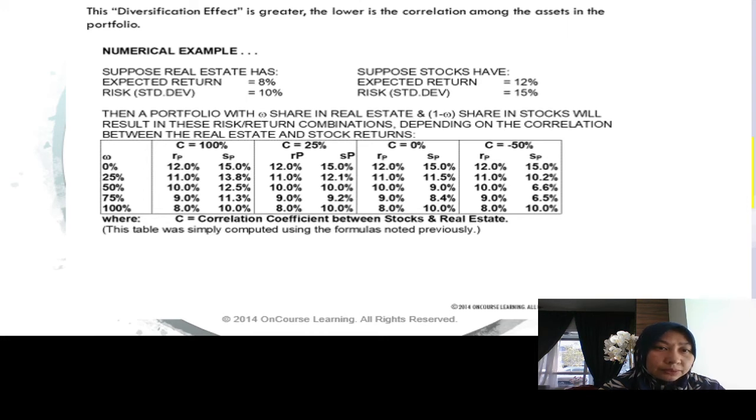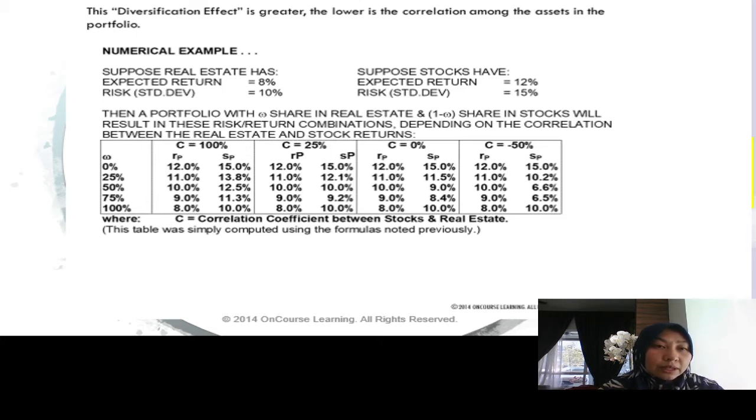C is the correlation. Correlation of 100% means they are the same. These are the different levels of correlation: 25%, 0%, and negative 50%. The higher the correlation, the lower the diversification effect.